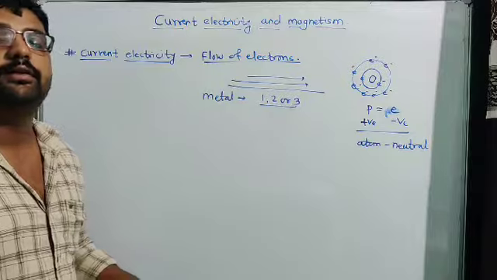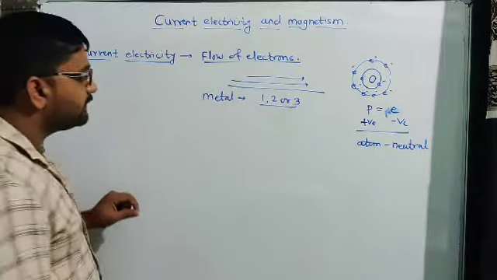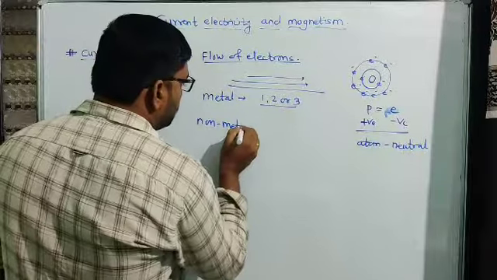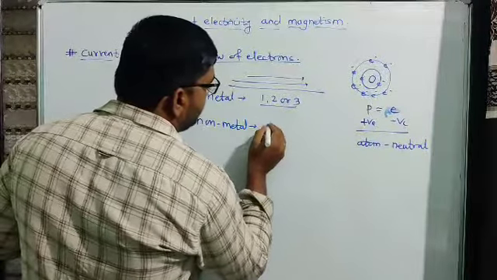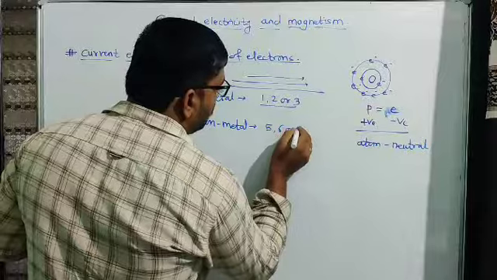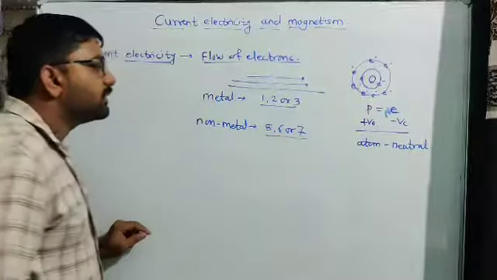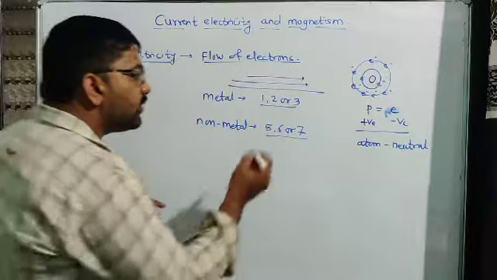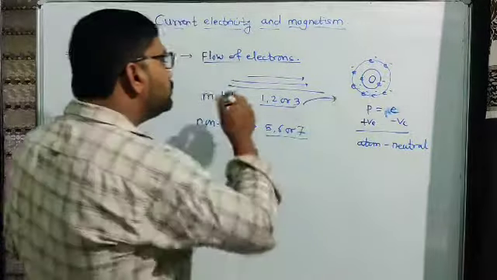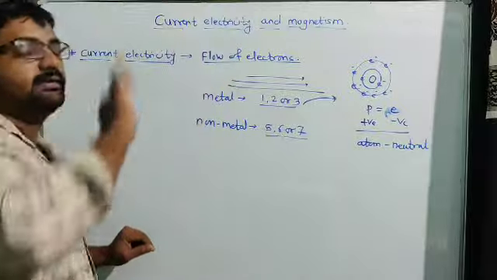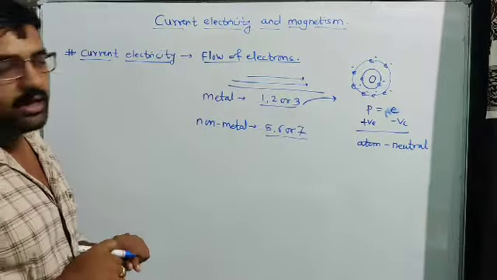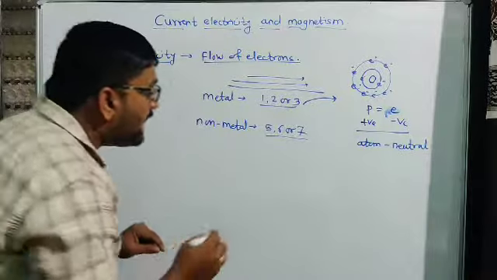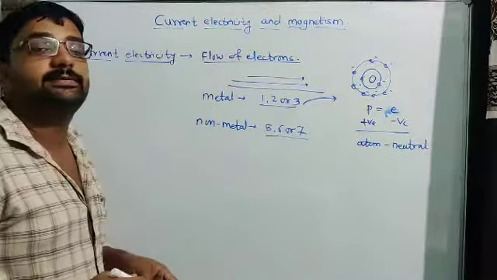In non-metals, 5, 6 or 7 electrons are present in their outermost shell. It is very easy for metals to give up those 3 electrons, so those electrons can be moved easily as compared to 5, 6, 7.